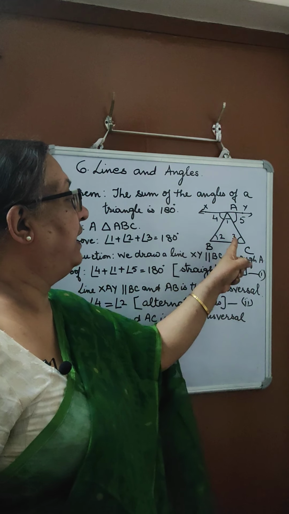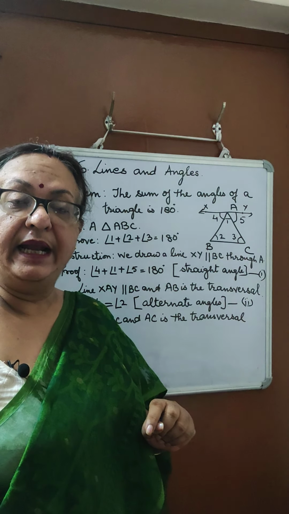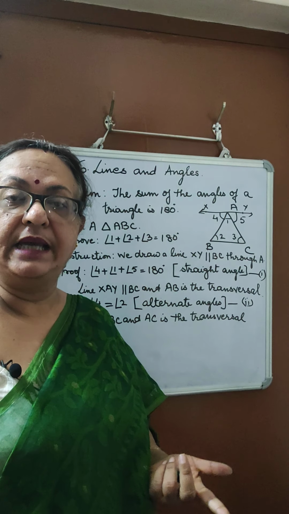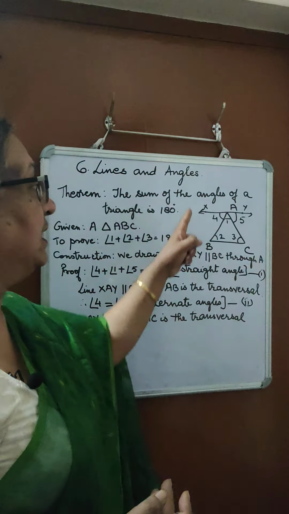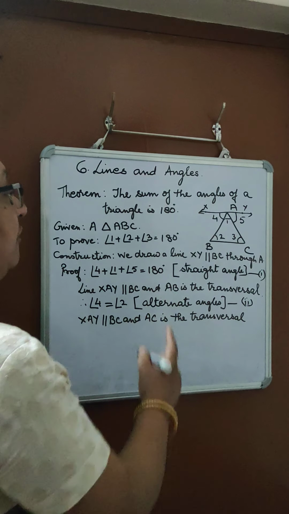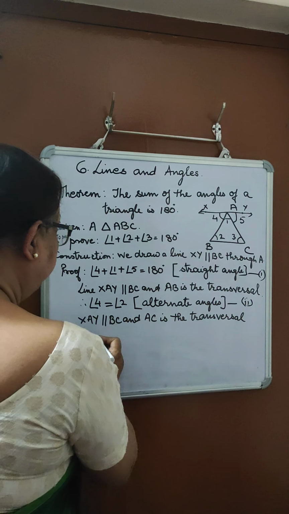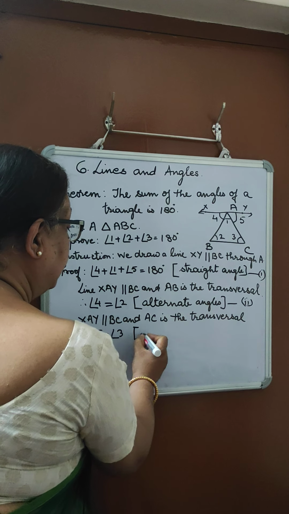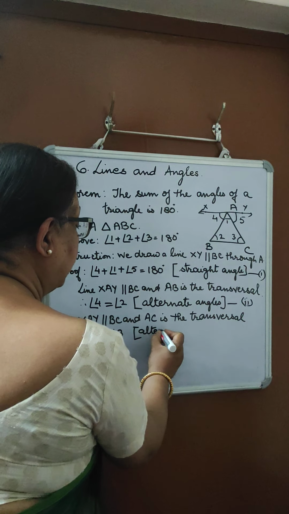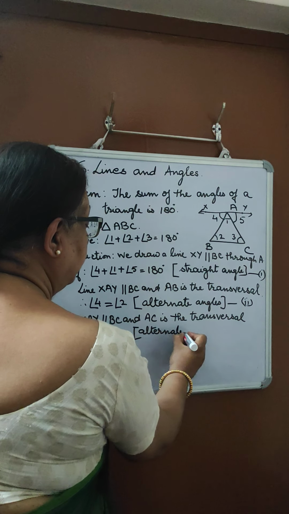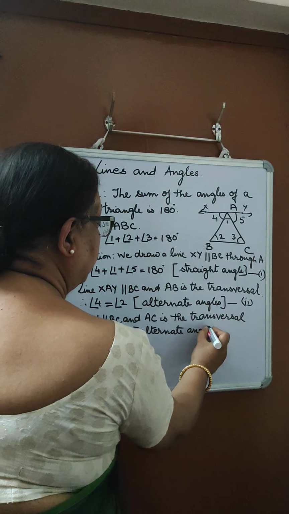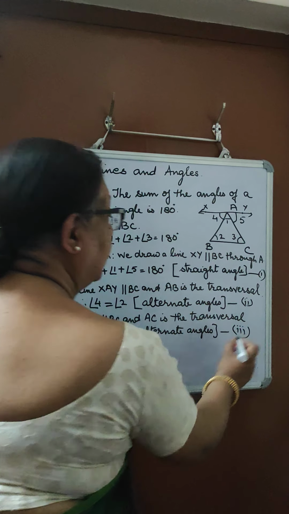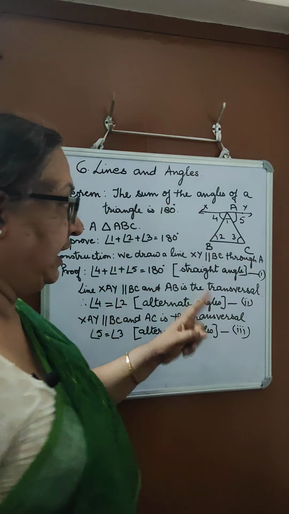So again angle 5 and angle 3 are alternate angles. Since lines are parallel, alternate angles are equal. You know this. So since these two lines are parallel, we can write angle 5 is equal to angle 3. The same reason, alternate angles. Suppose this is equation 3. Now we have 3 equations.